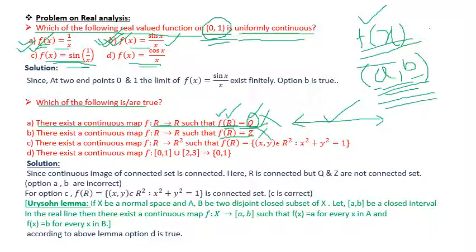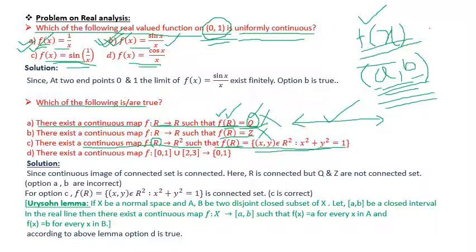Now the third option. There exists a continuous map f from R to R square such that f of R equals this. As you can see, this set R is a connected set, right? And the image set f of R is defined as the set of (x, y) belonging to R square such that x square plus y square equals 1.